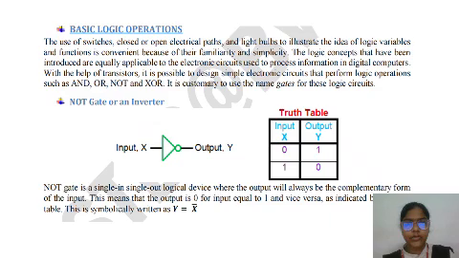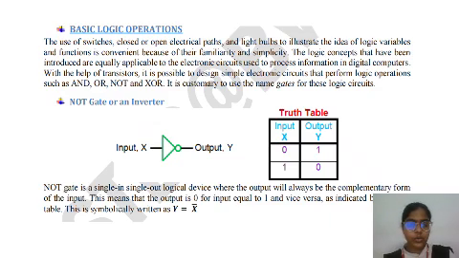With the help of transistors, it is possible to design simple electronic circuits that perform logical operations, such as AND gate, OR gate, NOT gate, and XOR gate. It is customary to use the name gates for these logic circuits.